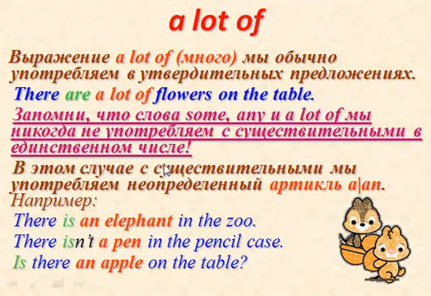So in this case, we use the indefinite article a or an. Okay? For example, there is an elephant in the zoo. There isn't a pen in the pencil case. Is there an apple on the table?